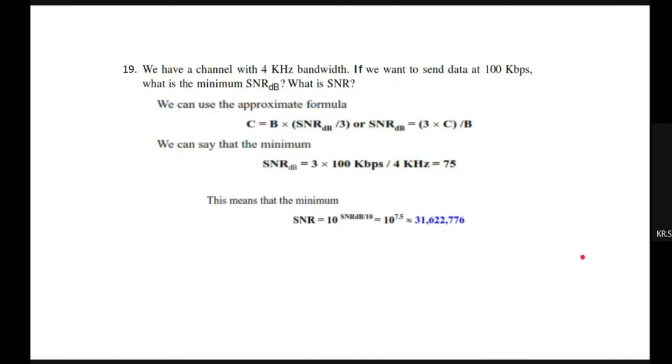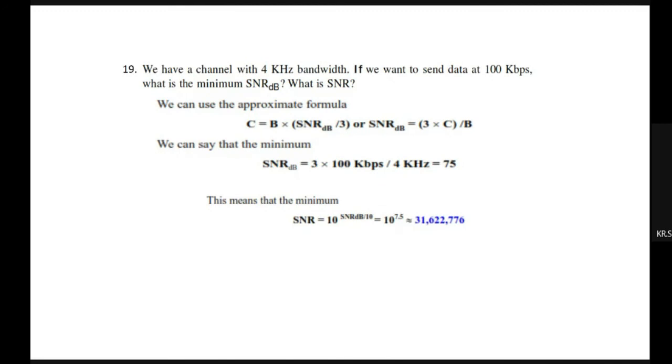The next question: we have a channel with 4 kHz bandwidth. If we want to send data at 100 kbps, what is the formula? We have to find the minimum SNR dB and SNR. The formula is C equals B times SNR dB divided by 3.